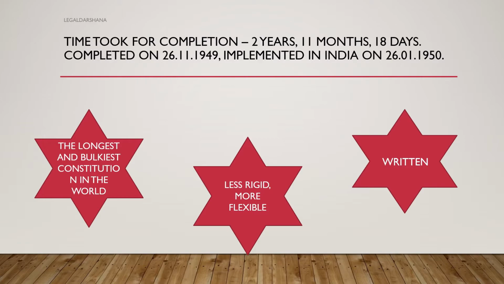Another feature of our constitution is that it is less rigid and more flexible, that is, it provides the people of our country sovereignty, rights and duties. It has a lot of provisions, amendment procedures, emergency provisions and more to govern a nation. Therefore, it is of a less rigid and more flexible nature, covering all the aspects required in a democratic country.